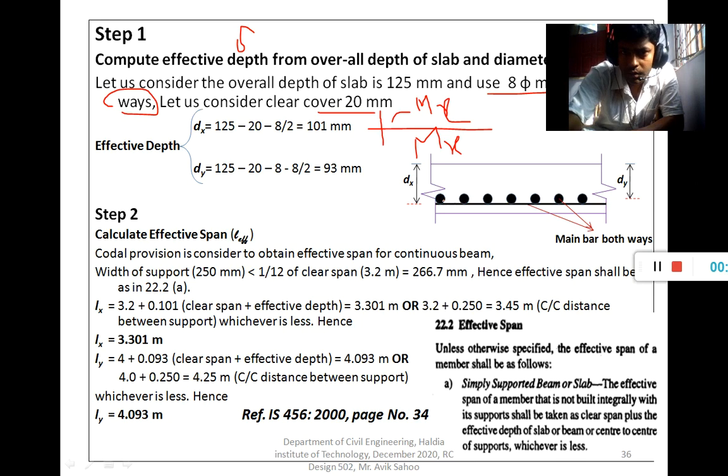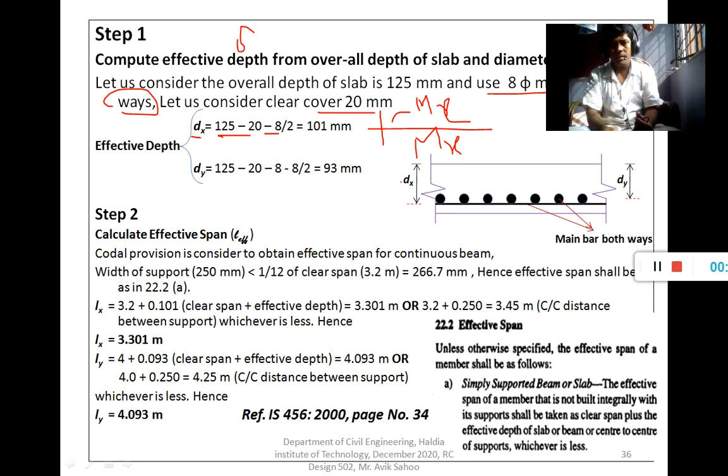So we calculate the effective depth along shorter direction. The overall depth is 125, then subtract clear cover, then minus 8/2, because the effective depth is measured from the centroid of the steel.